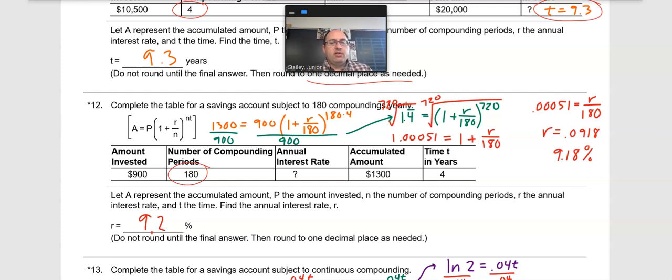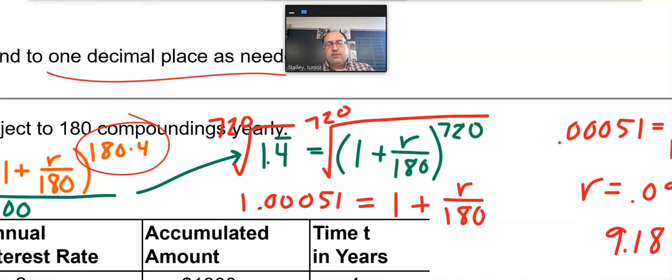So we're starting out with $900. We want to know when it grows to $1,300. So I put in the 180 for n, and I put in the 4 for time. But I know what 180 times 4 is. That's 720.